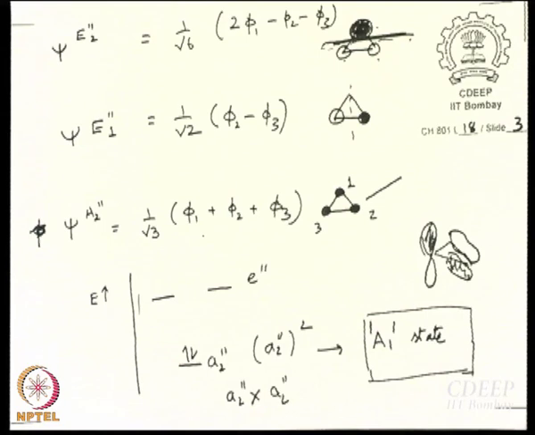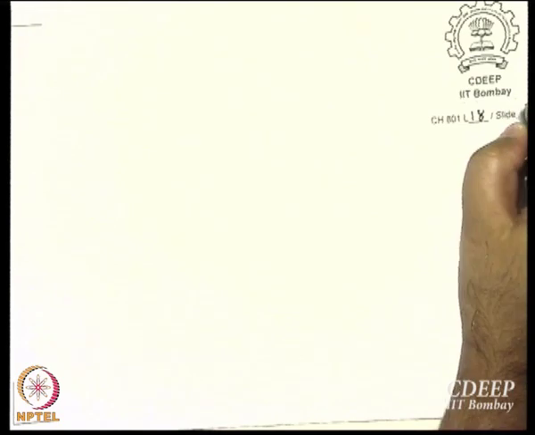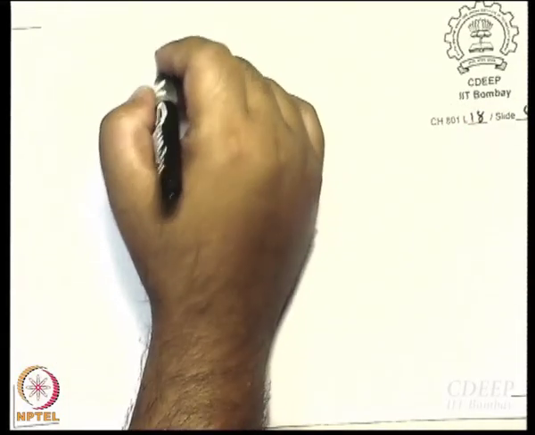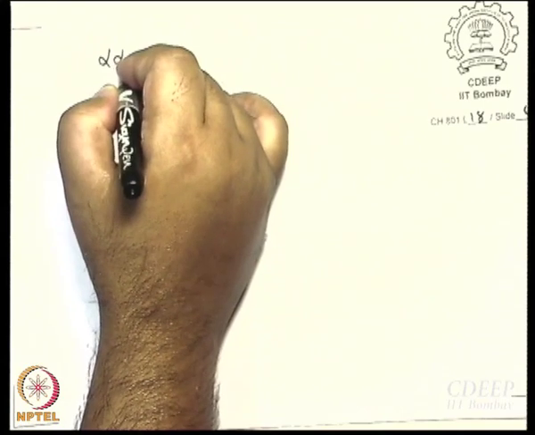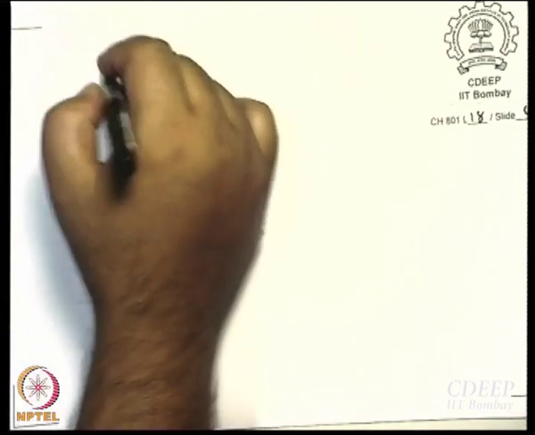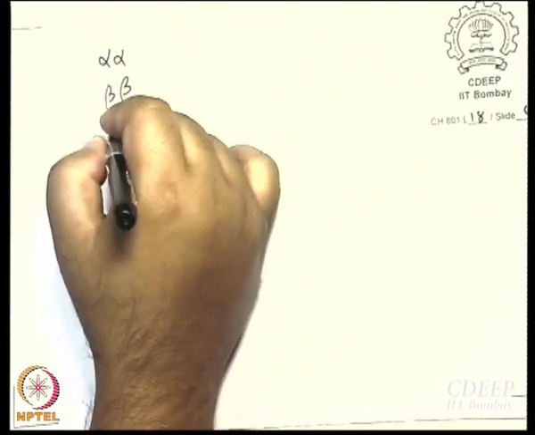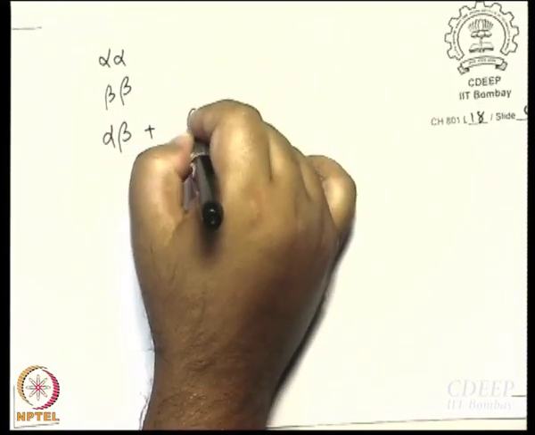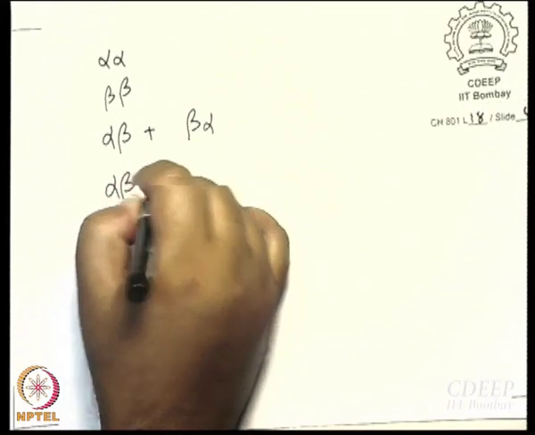Not from symmetry exactly. We had to invoke the Pauli exclusion principle, Pauli principle rather, which says that the total wave function has to be antisymmetric, right? So now, for a 2 electron system, the wave functions that are possible are alpha alpha, beta beta, alpha beta plus beta alpha, and alpha beta minus beta alpha.